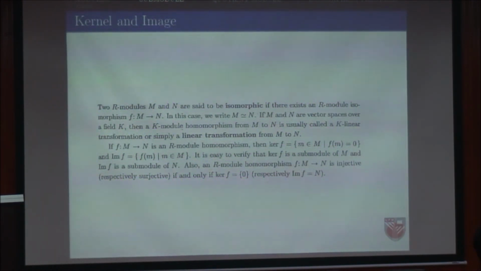That is the image, which is nothing related to module structure, right? So this is a kernel, this is an image. The kernel of f is a submodule. We will see later on that we can formulate the same kinds of theorems as the fundamental homomorphism theorem for rings and for groups.